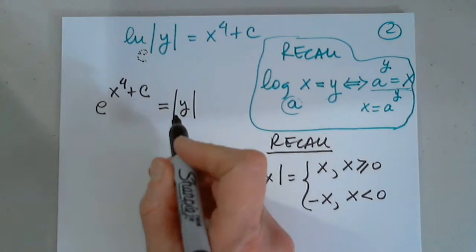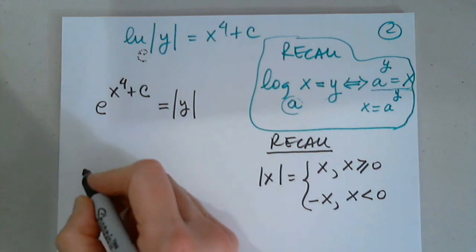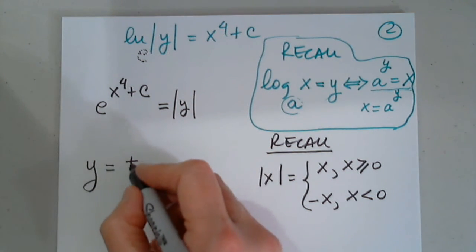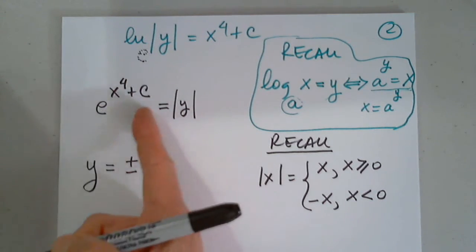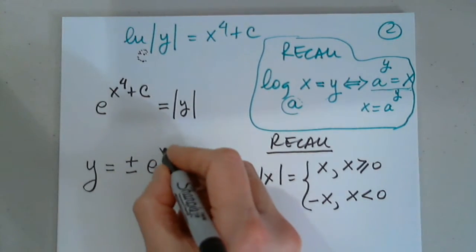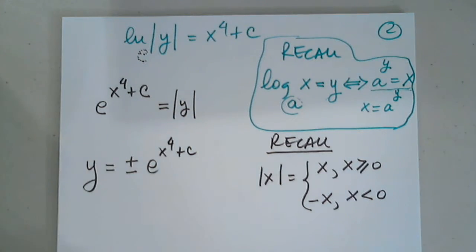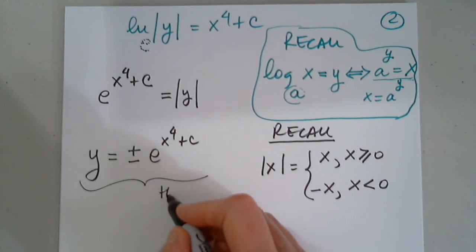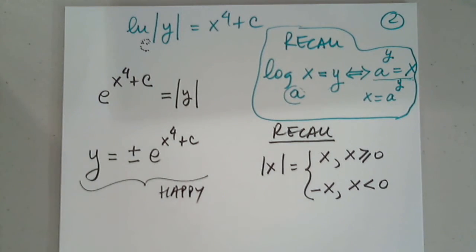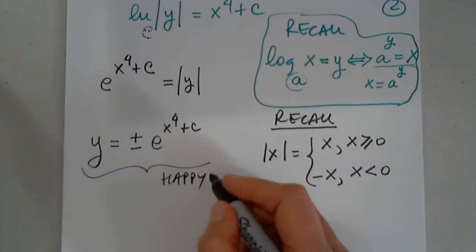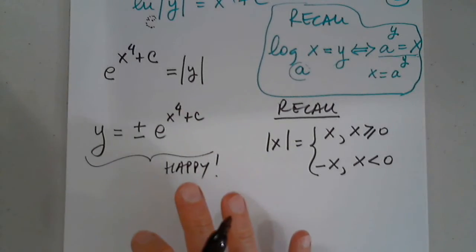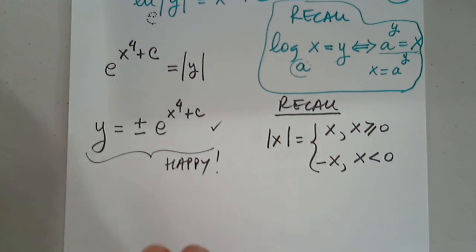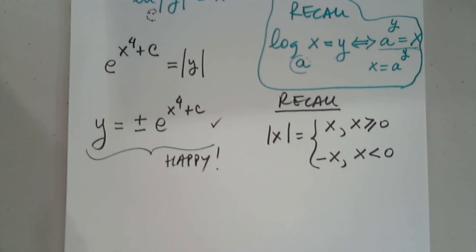So then, instead of the absolute value of y, I would write y equals and put plus or minus in front of this expression. Now, I am happy with this. We should take it one step further. Okay? What is an extra step? This is correct. You can stop here. But I'm going to work on this for one and present one more step.